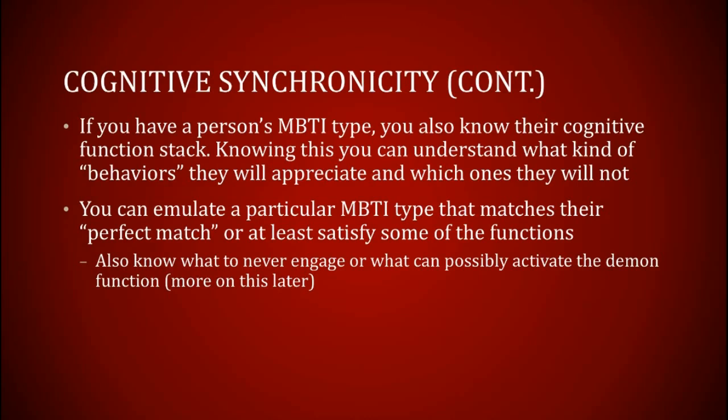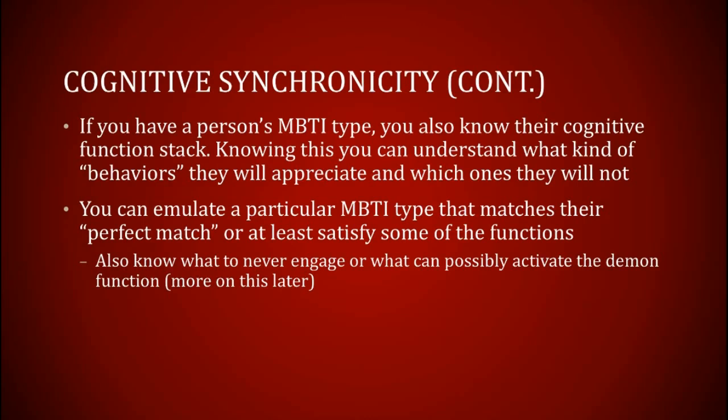Everything lines up perfectly. And this is what is considered somebody's perfect match. So knowing their MBTI type, you're going to know the other MBTI type that is their perfect match, quote unquote. And you can try your best to act this way or emulate their behavior, making the other person respond to you in a more positive manner.